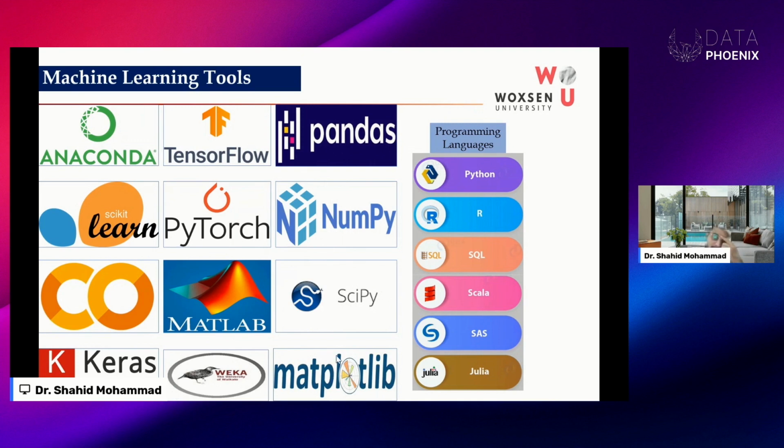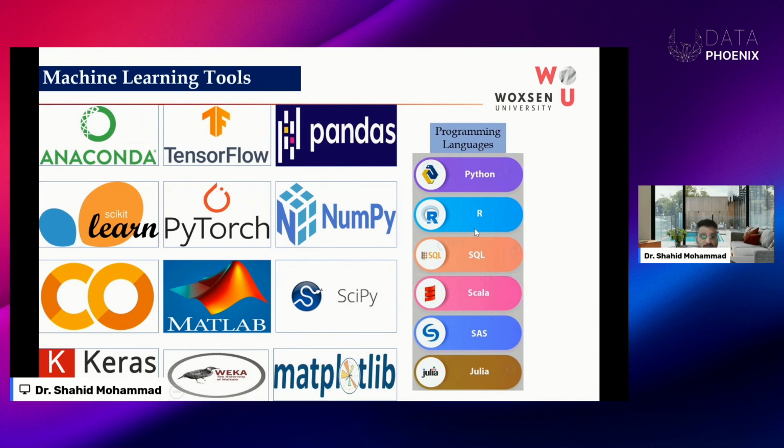In Google Colab or in Anaconda, we can use Jupyter Notebook and Spyder. These libraries can be used for visualization. So, if we try to explore machine learning tools and techniques, these are the programming languages that support us, and with their help we can develop these models.